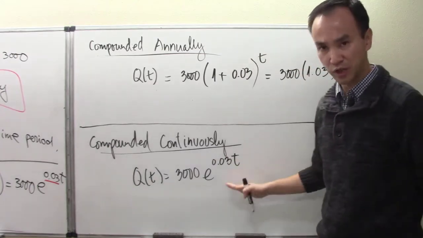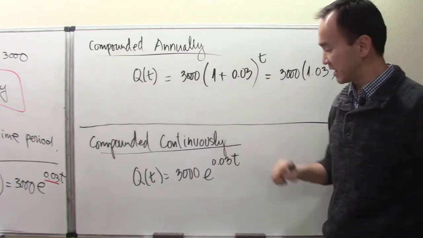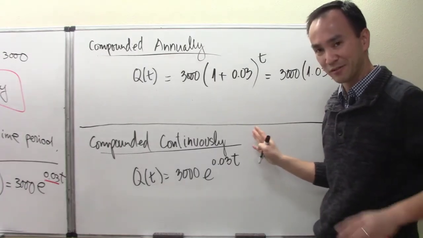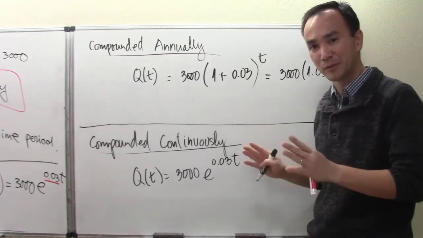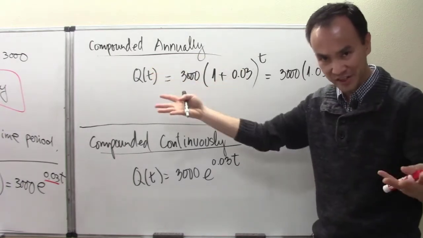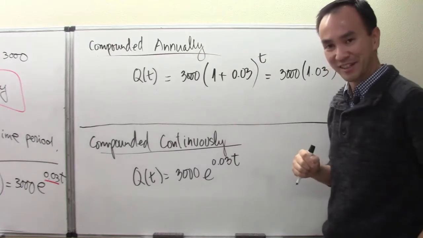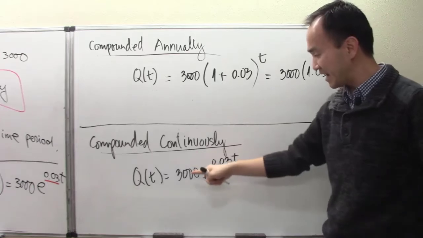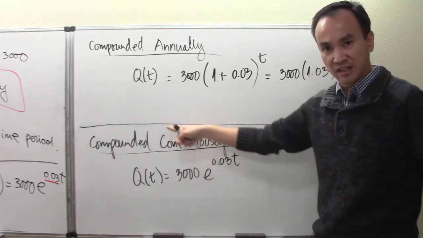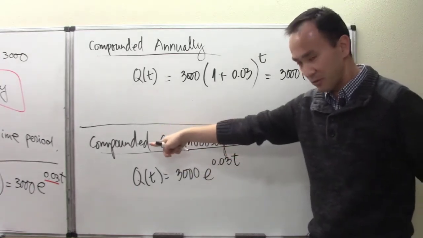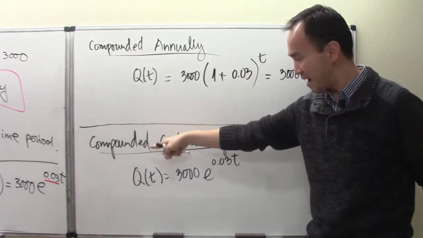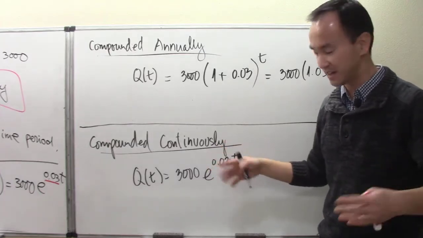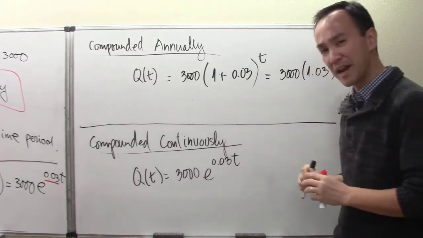And we also talked about right at the end of our discussion on problem number 3, because this example 1 is very similar to problem 3 that I brought up earlier, that going with a plan where your interest is compounded continuously, that plan will give the highest yield. So now let's compare the following.